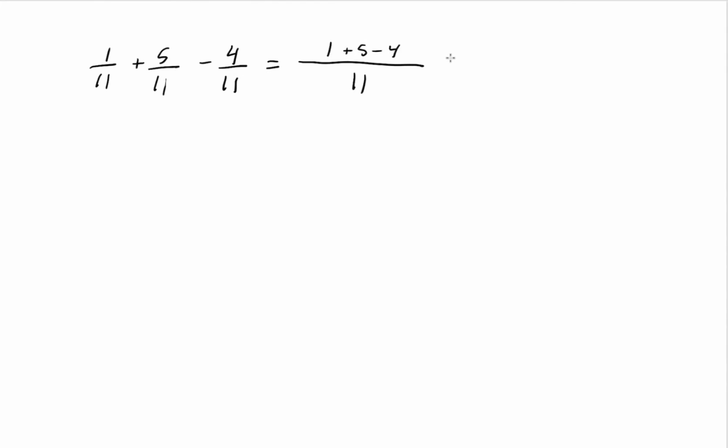Just like that, and end up with our answer of 2 over 11. It's the same thing, right? So these are all the same thing.